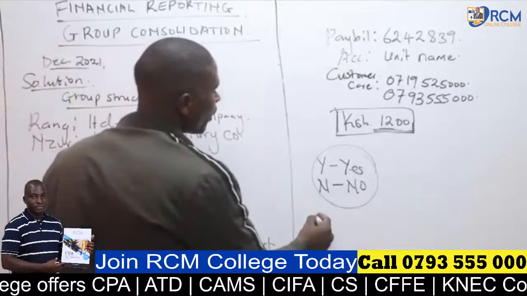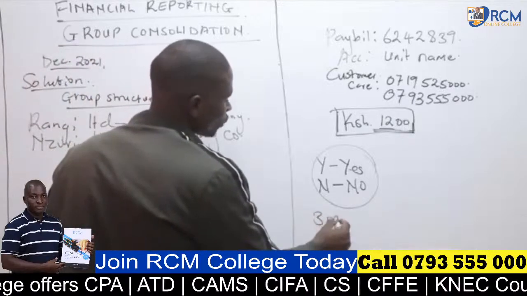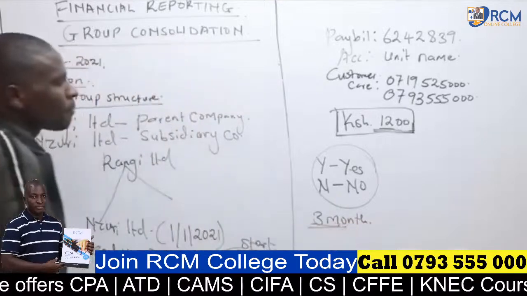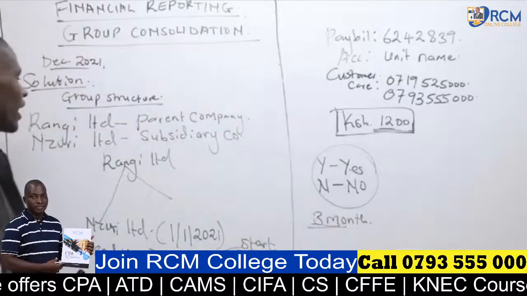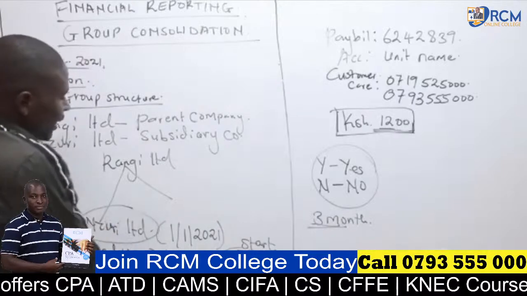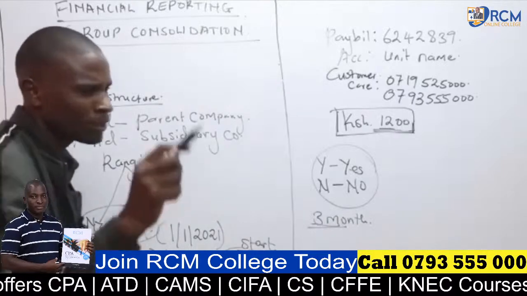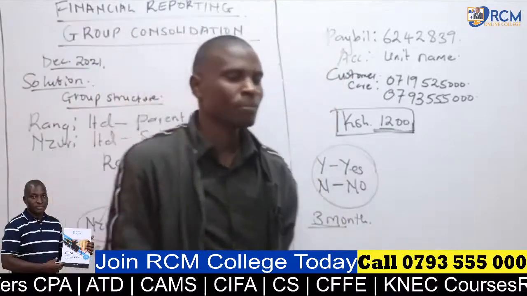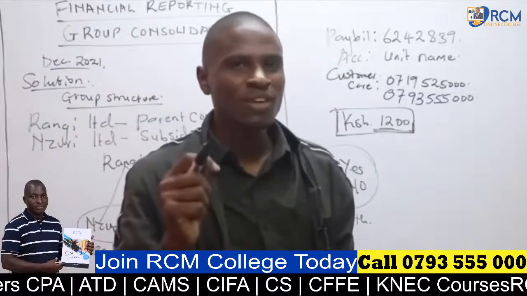So after 3 months is when we acquired 80% of the subsidiary. Therefore, please note this. Write somewhere. If you have a highlighter, please utilize it because it is very important.